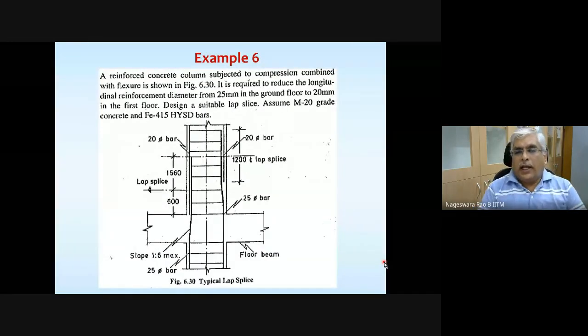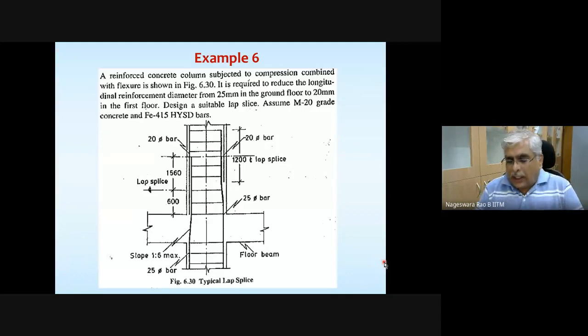Okay. And here, please note that for these multi-storied buildings, the column sizes or the forces as you go to the top are going to get reduced, and the forces are going to be more at the bottom.